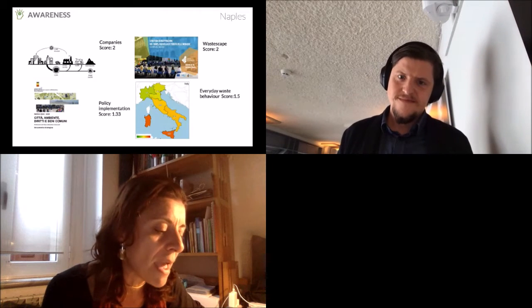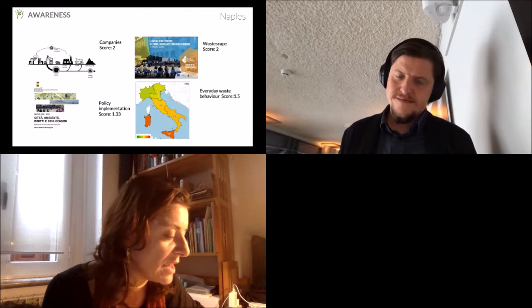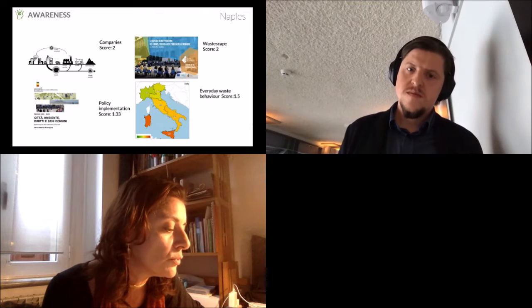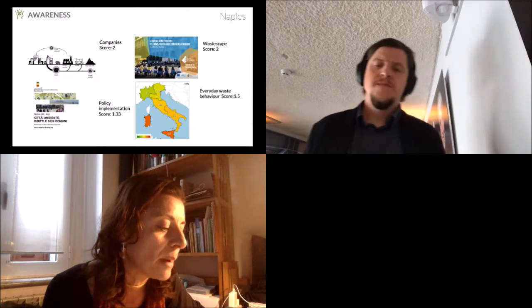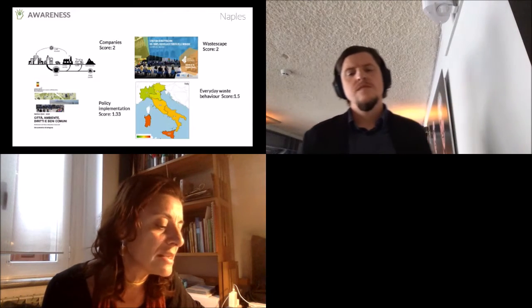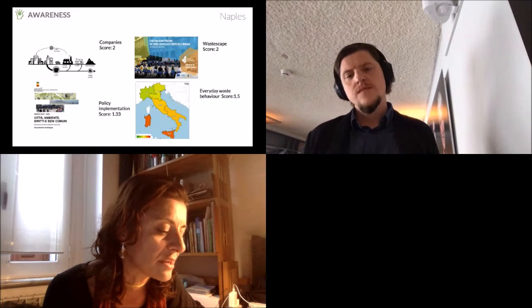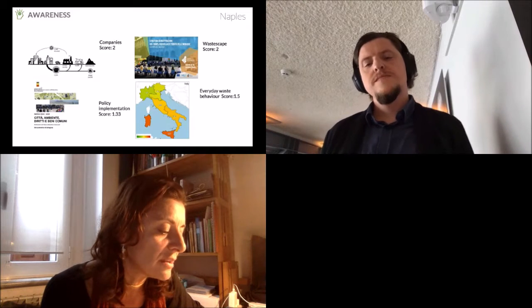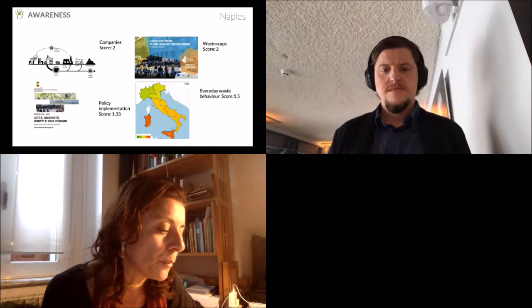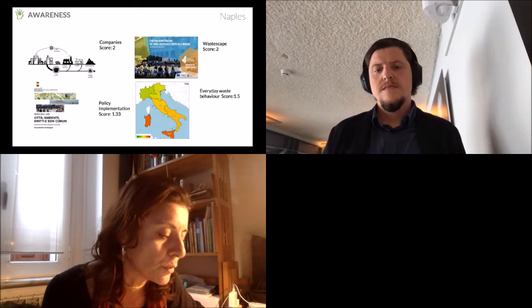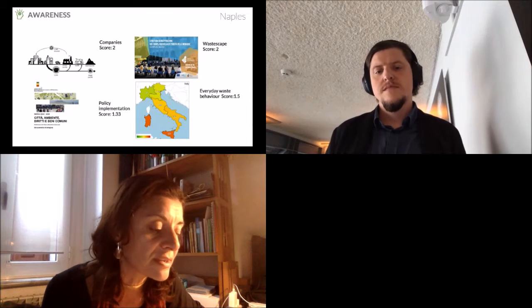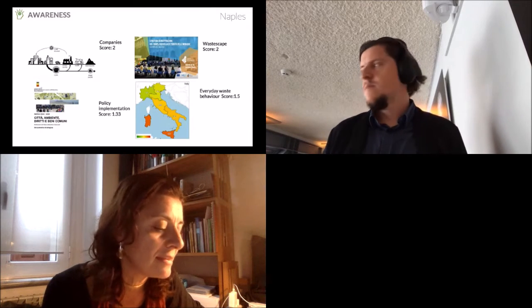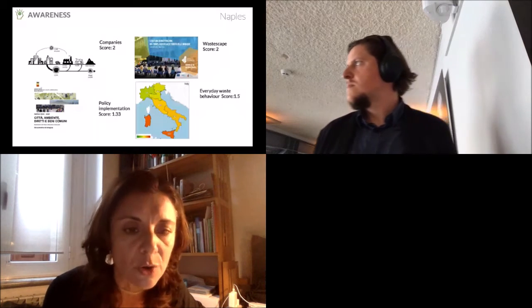Here you see a map of waste-conscious behaviors based on the Eurobarometer survey on public attitudes to waste management and resource efficiencies in Europe. The greener the region, the higher the waste-conscious behavior score. Red regions are the less conscious, and Naples, as you can see, is orange.